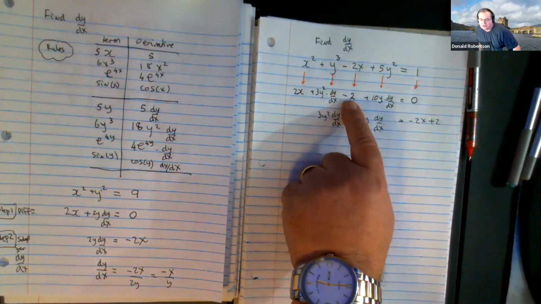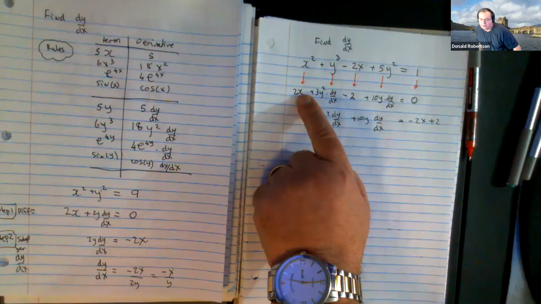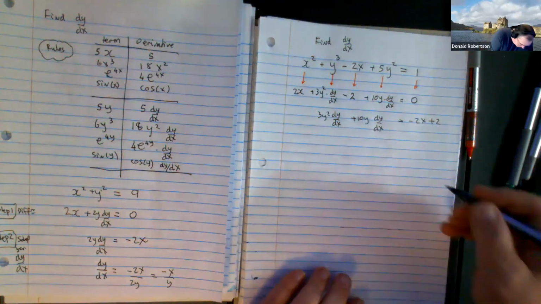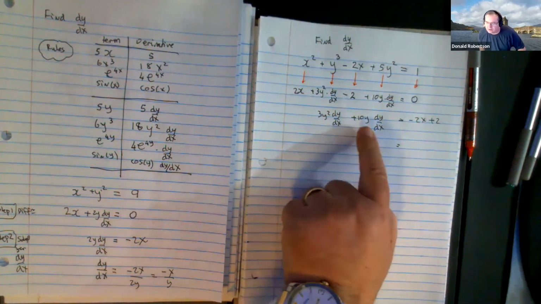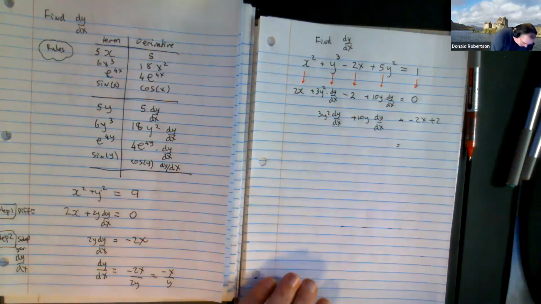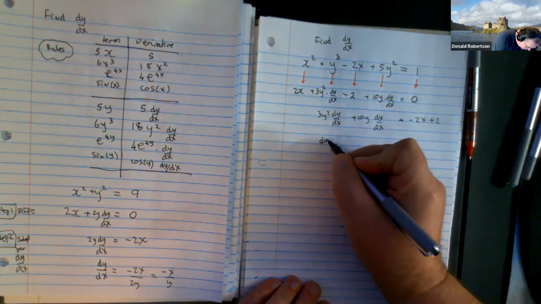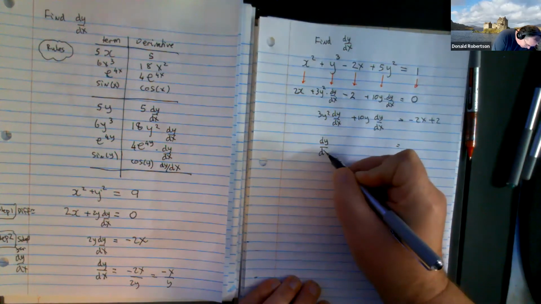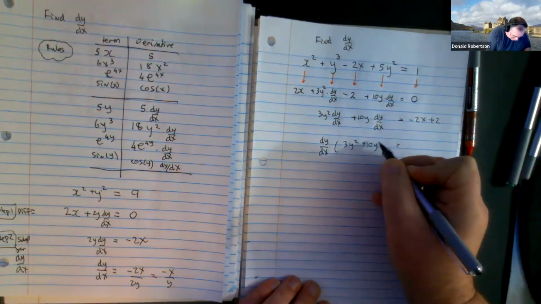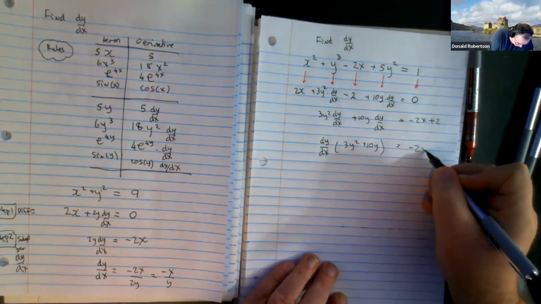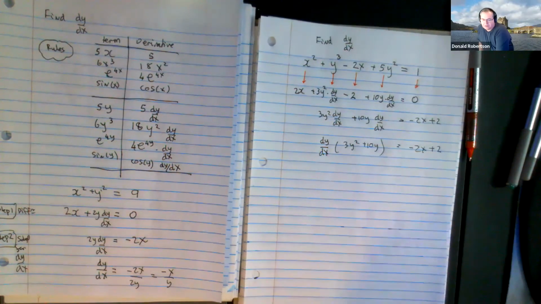Now the dy by dx terms can be treated as a common factor. Although there are other common factors I could pull out, like a y, don't. Only pull out the dy by dx.